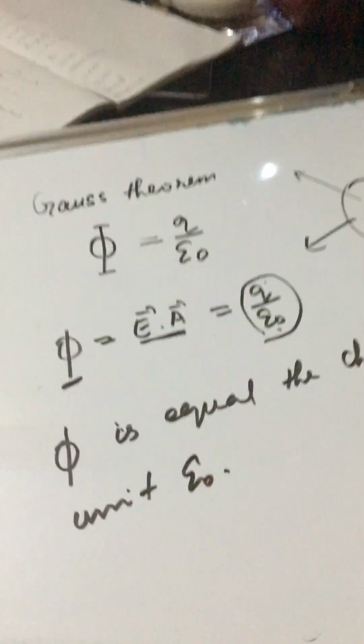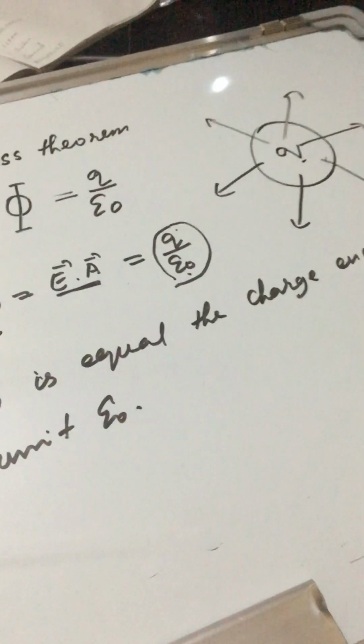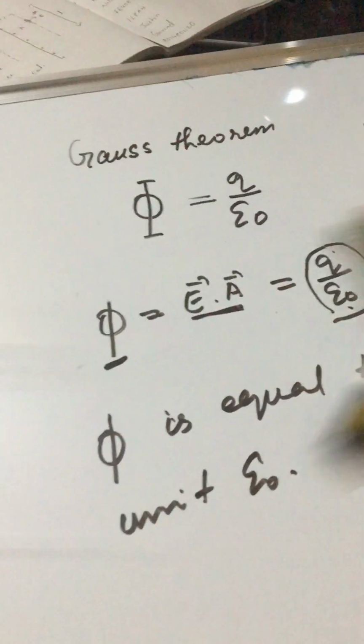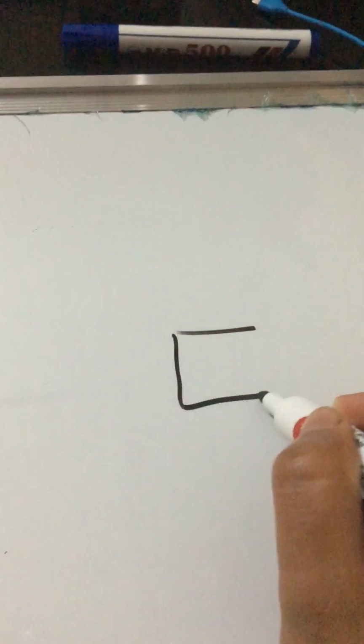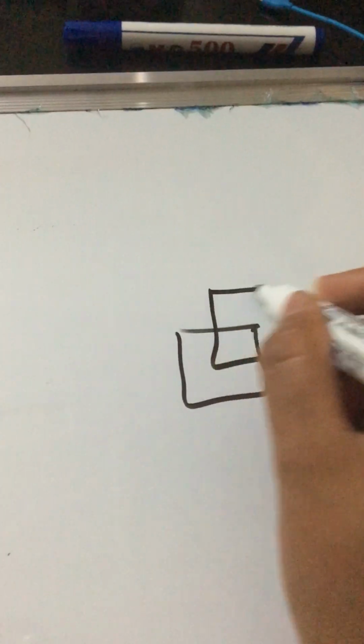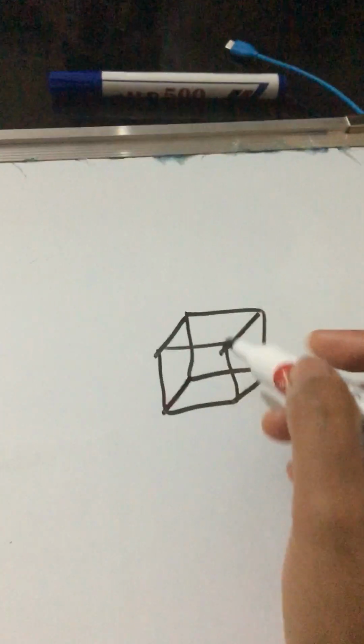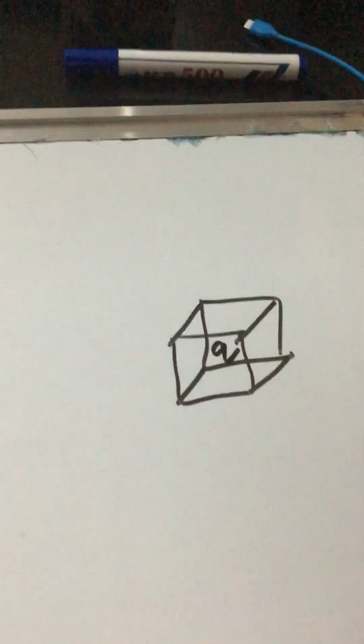You can see the notes for a better idea of it. Now I'll take various surfaces. We did some examples previously. Suppose here is a cube, and let's say this cube is enclosing charge q.